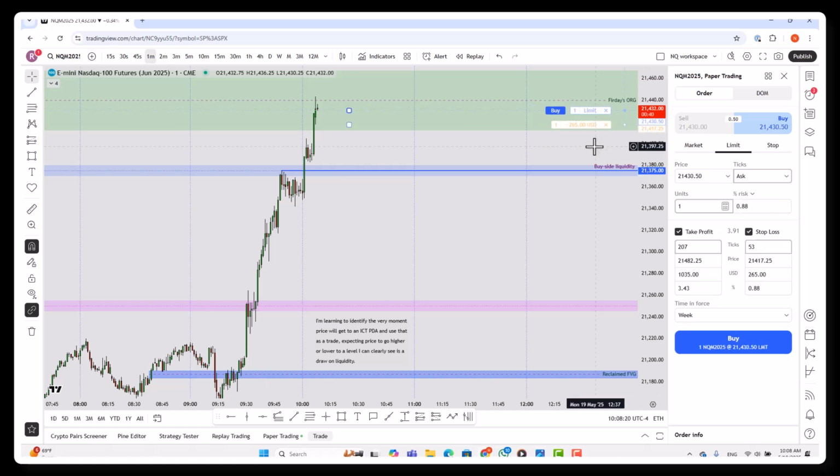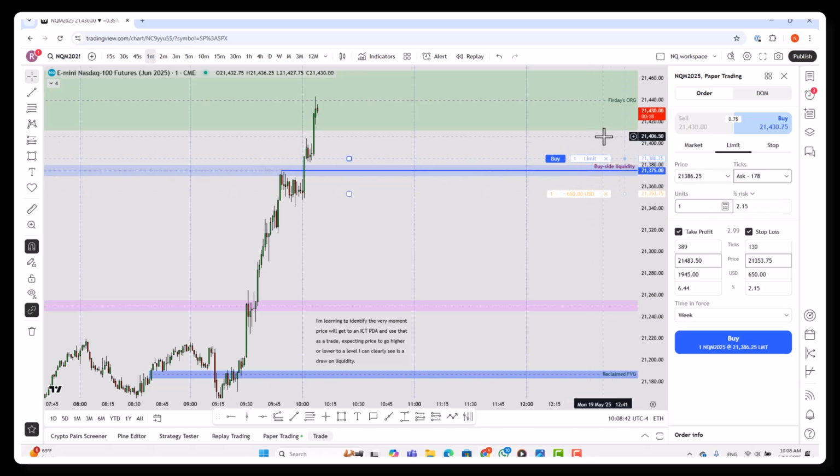So buying there, stop loss goes there. We buy here, institutional order flow entry drill. Stop loss is larger than I would prefer.